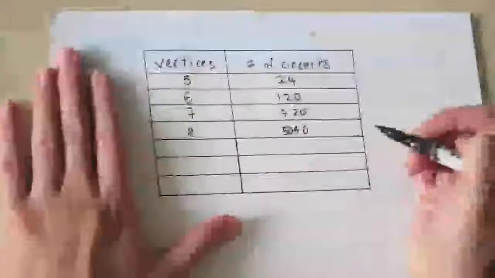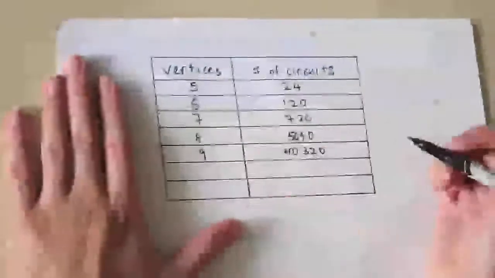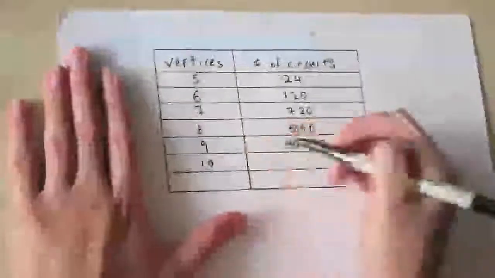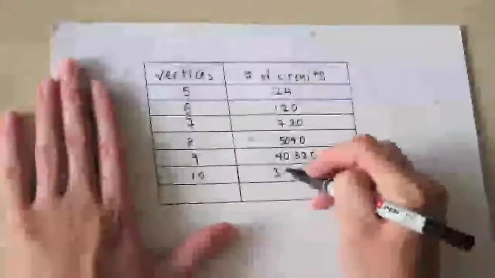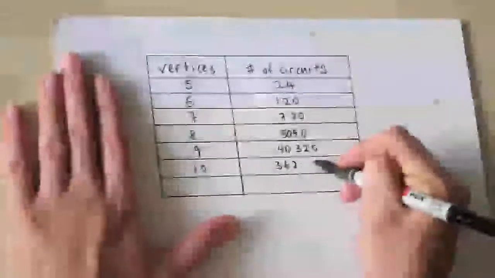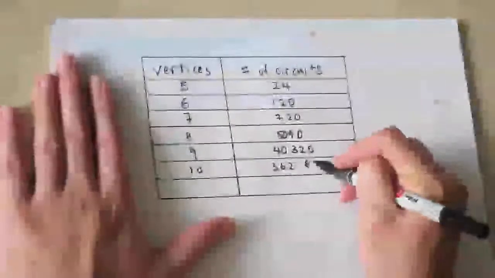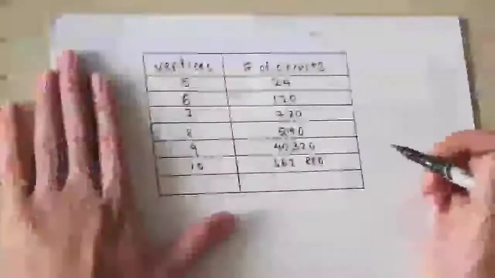For a graph of order 10, however, we begin to notice that we start to have considerably more possible Hamilton circuits, already over 362,000. We realize that the number of circuits the algorithm has to consider increases exponentially with the number of vertices in the graph.